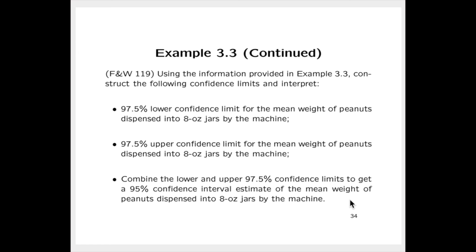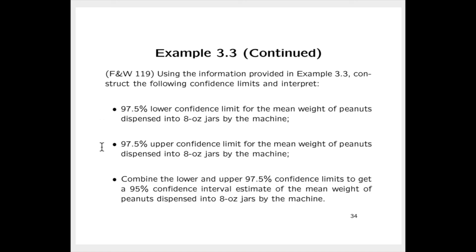All right, so let's look at an example. Using the information provided in example 3.3, construct the following confidence limits and then interpret them. Again, this is the example where we're filling 8-ounce jars with peanuts. We want to construct a 97.5% lower confidence limit for the mean weight of peanuts being dispensed into these 8-ounce size jars.